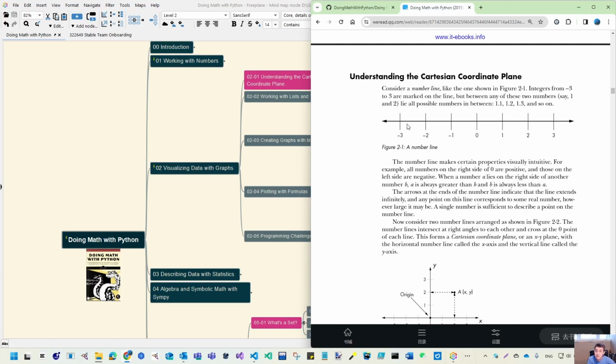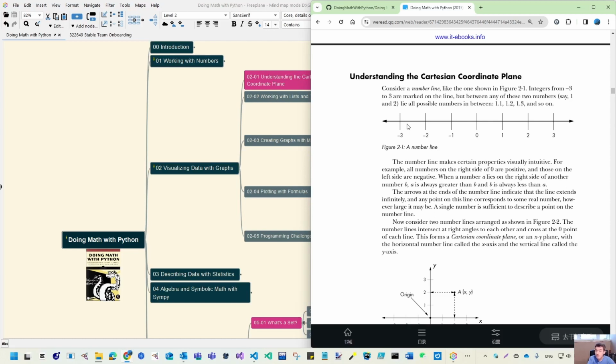In the concept of mathematics, the geometry starts from one dot, or a point. A single point you can consider as dimension 0.